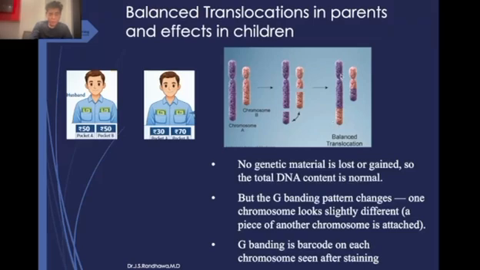For example, in this case, by the color you could make out that this is from another chromosome. G banding doesn't have such colors, but it has various shades of gray, and G banding is like a barcode, and a change in that barcode pattern will tell you that this part doesn't belong to this particular chromosome, it is from another chromosome. So it can help you to pick up translocation.